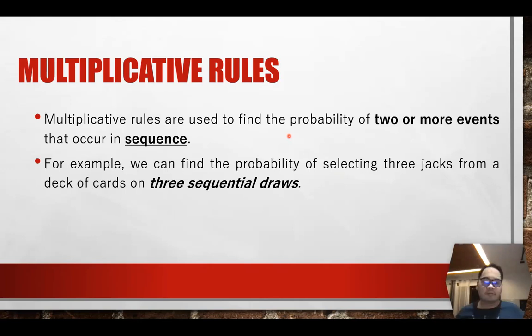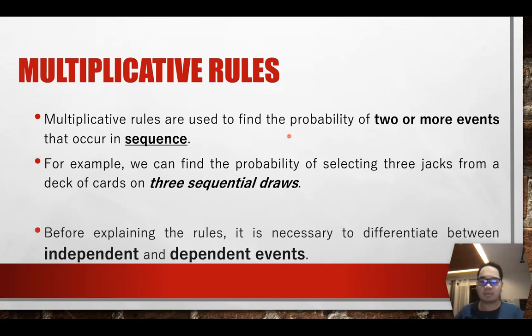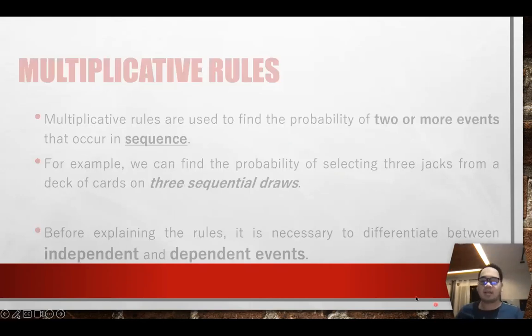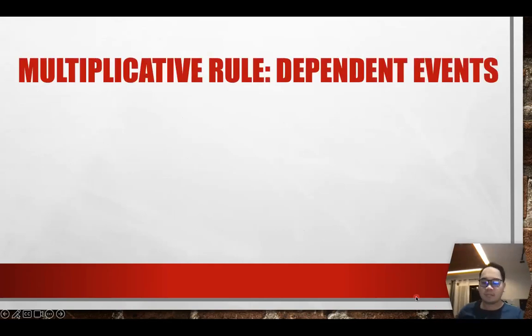For instance, if we're going to find the probability of selecting three jacks from a deck of cards on three sequential draws, so you draw in a sequence. Before explaining the rules, it is necessary to first understand the concept of independent and dependent events. So let's start with the idea of dependent events.